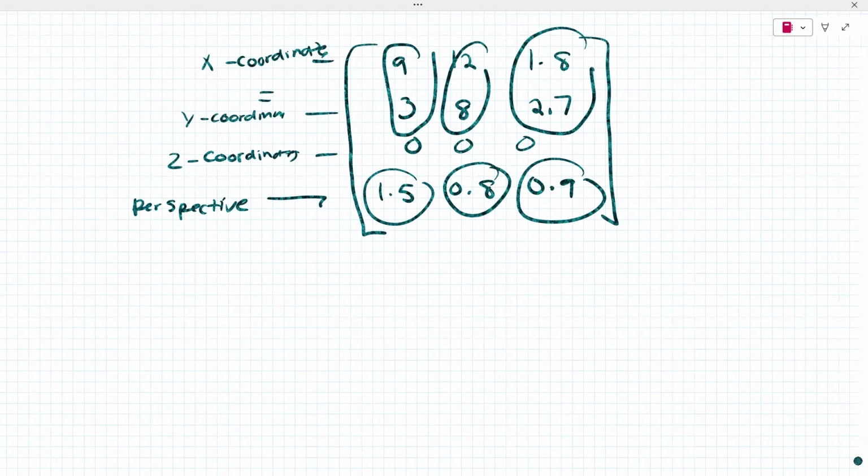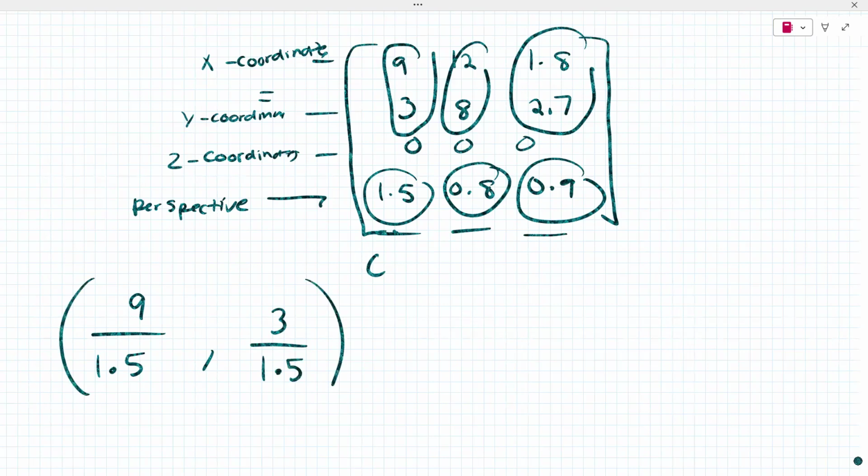So my x was 9, and we're going to match it with your eyeball. Your eyeball is your perspective. So your first x coordinate is 9, and you match it with your eyeball: 9 over the eyeball coordinate, which is 1.5. The next one is 3, your y coordinate, over the perspective, which is 1.5.